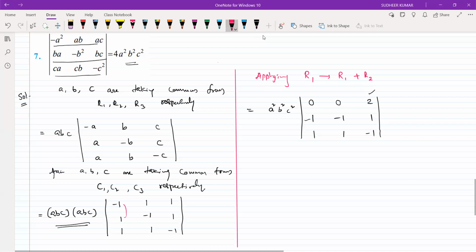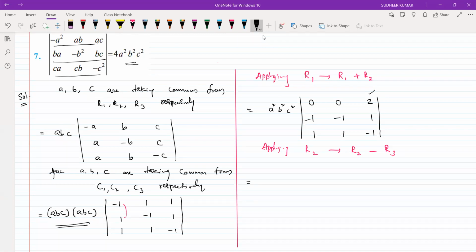So what shall we do? Either you can take 2 common from the first row, or apply R2 changed as R2 minus R3. Do you understand?